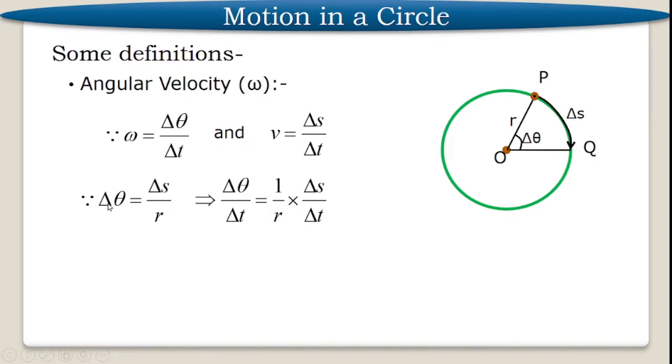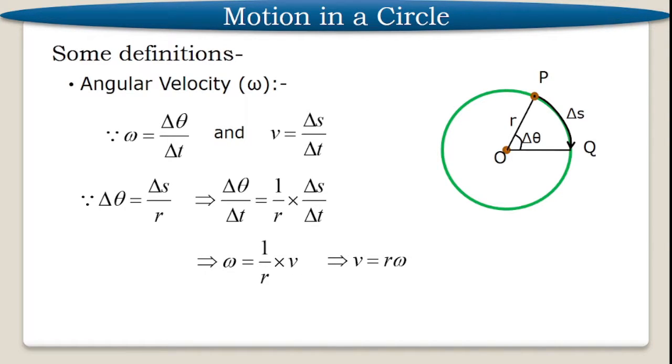By differentiating this with respect to t, we get del theta by del t is equal to 1 by r into del s by del t. And del theta by del t is omega, and del s by del t is linear velocity. Therefore, omega is equal to 1 by r into v, and v is equal to r omega.